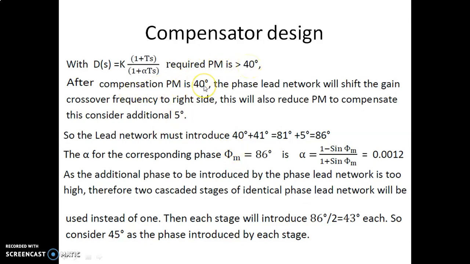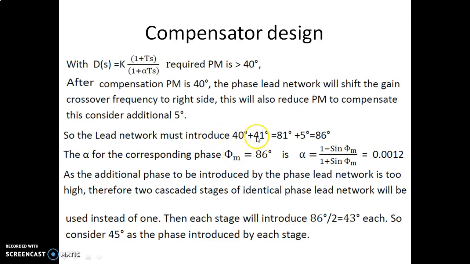After compensation, I have to have 40 degrees as the phase margin. Because we are using a phase lead network, let us consider an additional 5 degrees to be added because of a shift in the gain crossover frequency of the system due to the introduction of this phase lead network. We want 40 degrees, and we already have -41 degrees as the phase margin.